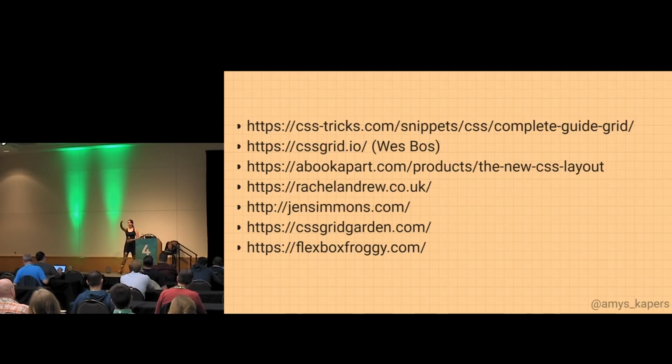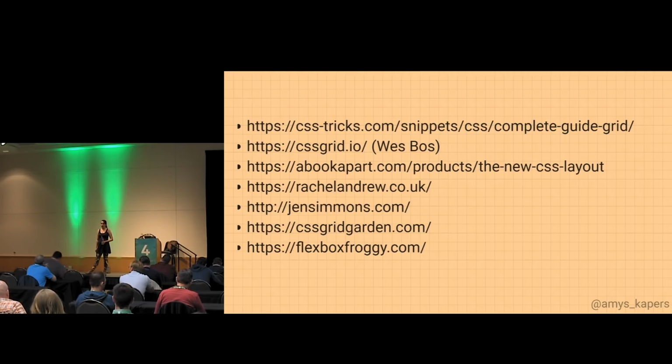Okay, saw a hand. Yes. Is it possible to support CSS Grid and then have Flexbox as a fallback, so you only want Flexbox if the browser can't do CSS Grid? You mean like an else?